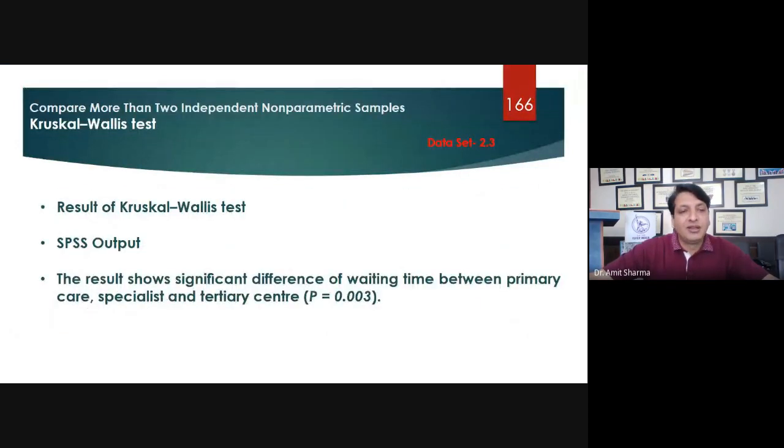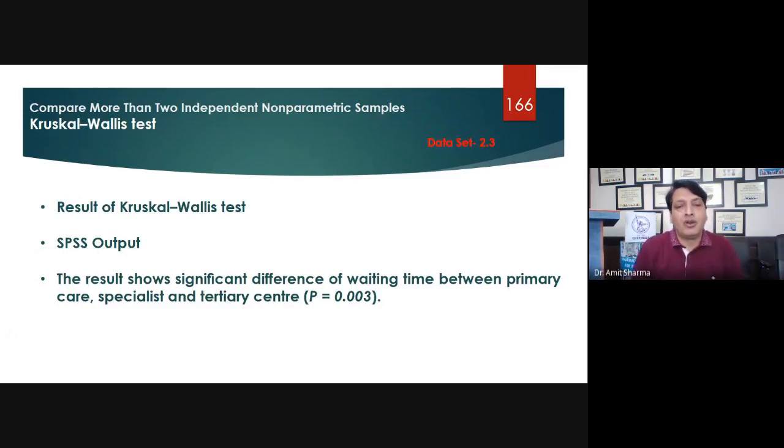You can write, the result shows significant difference of waiting time between, and you can write the names of all the 3 units: primary care, specialist, and the tertiary center, and you can write that p value was found to be 0.003.